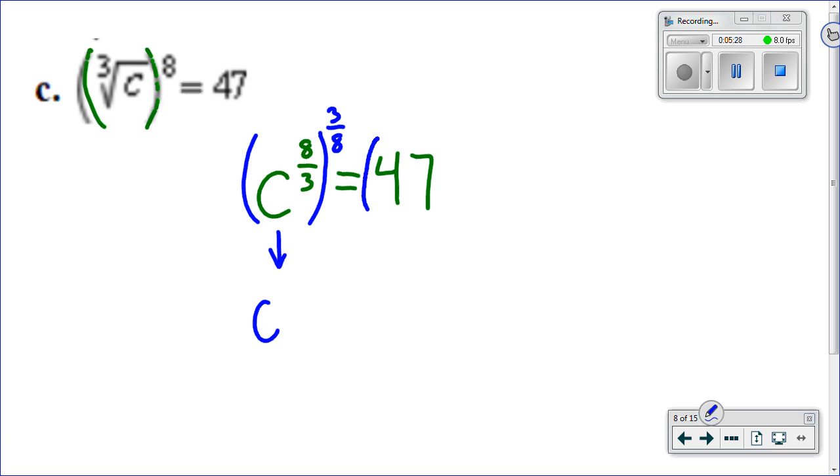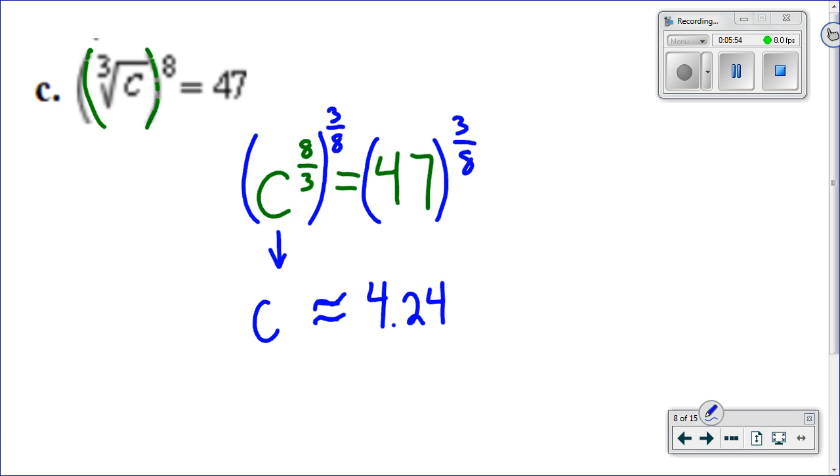But if I raise that to the 3/8 power, I also need to raise this to the 3/8 power. So one last time, I enter that into my calculator and say 47 raised to the 3/8 power. I'm going to get approximately, and I'm going to round to the nearest hundredth for all of these, 4 and 24 hundredths.